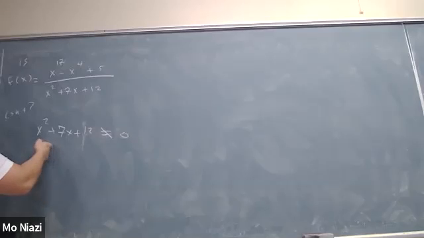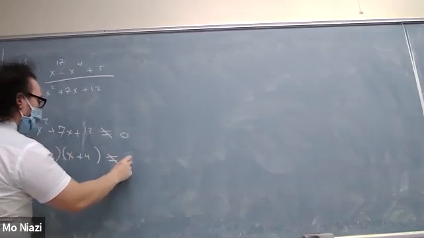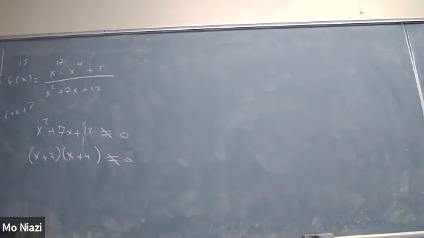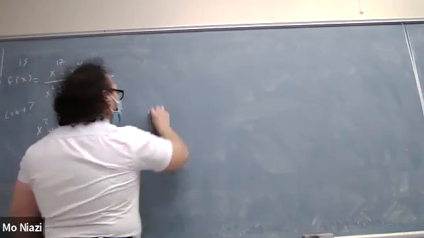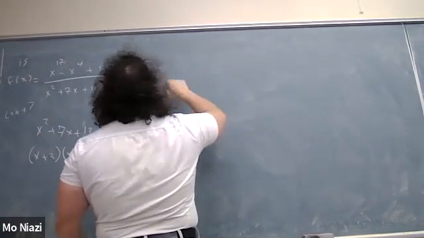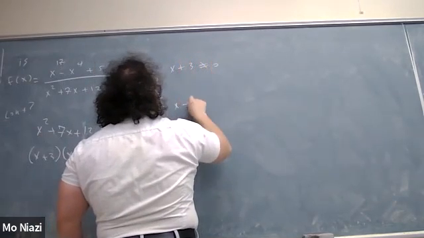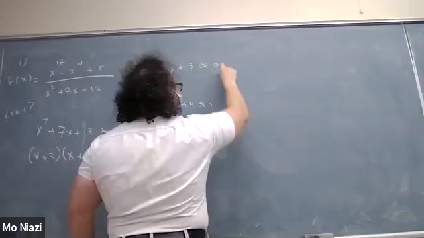We can notice that this factors into this. Two numbers that add to give you 7, but multiply to give you 12. It's 3 and 4. Notice that that trick only works when this coefficient is 1. We call that a monic polynomial. So then this implies that x plus 3 cannot equal 0, and that x plus 4 cannot equal 0.